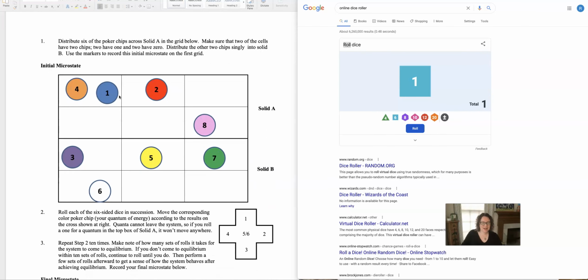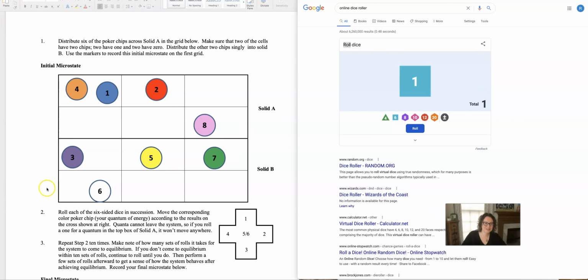I posted a file for you that says Introduction to Entropy, Spring 21 dots. You'll definitely want to open that version of this up because I made these dots for you that you can move around, and hopefully it works. If it doesn't work for you, what you'll want to do at this time is draw your own version of this grid.